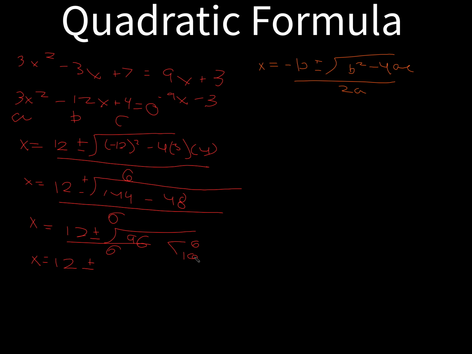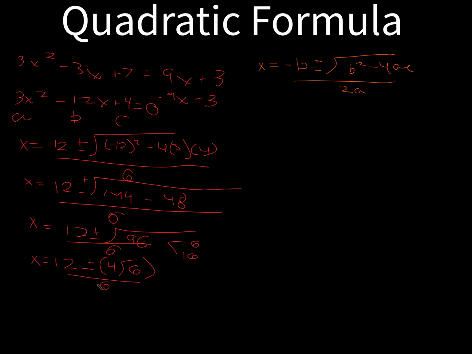But then, since the square root of 16 is 4, we'll go ahead and bring a 4 to the outside here, leaving a 6 in the square root, and then a 6 is on the bottom as well. There is some simplification to be done here. We're not quite finished. I'm going to go ahead and remove a 2 from every number here. We're not going to take one out of this 6 here, since this 4 root 6 is technically one term.